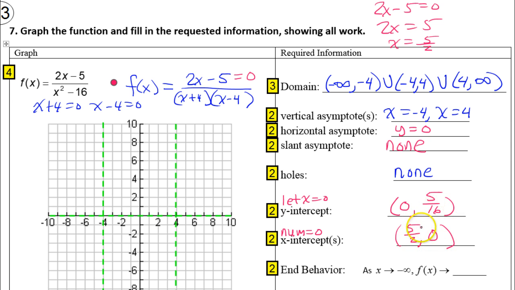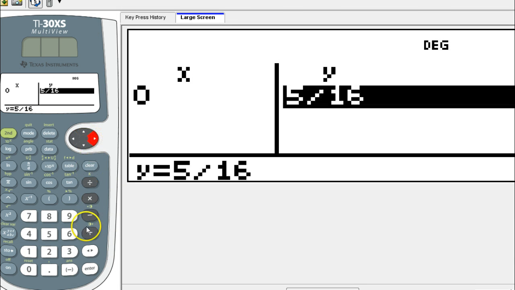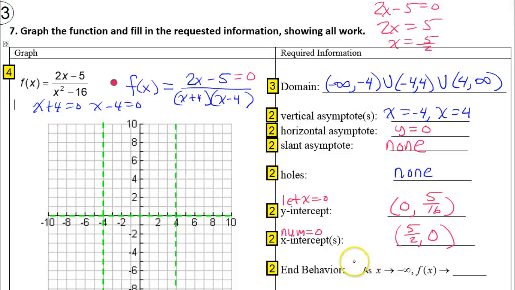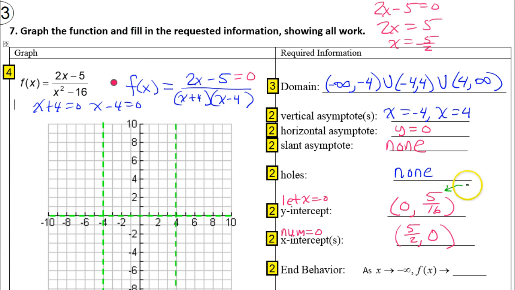Now, let's go ahead and graph both of these points. So 5/16 is 0.3. All right, so keep that in mind as you graph it. Okay, that this is approximately 0.3. So (0, 0.3) is going to be right about here.